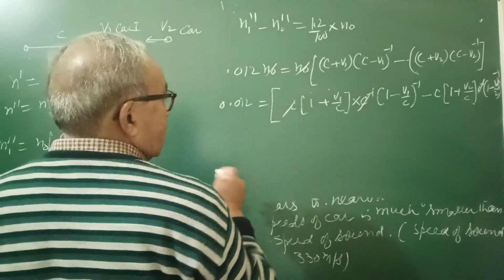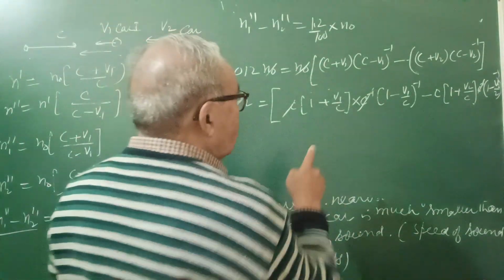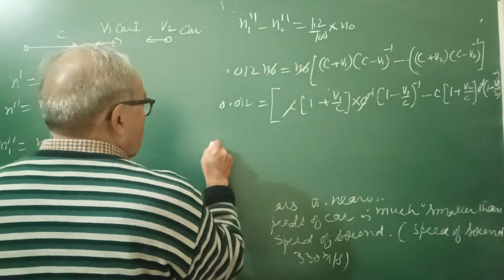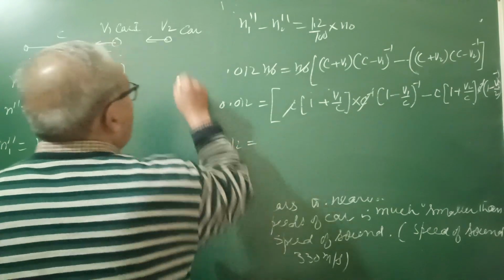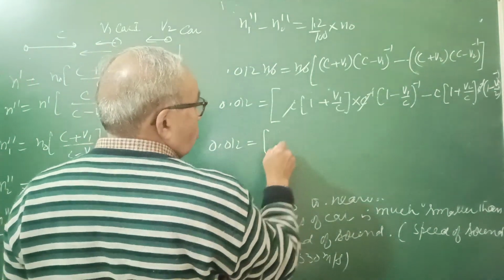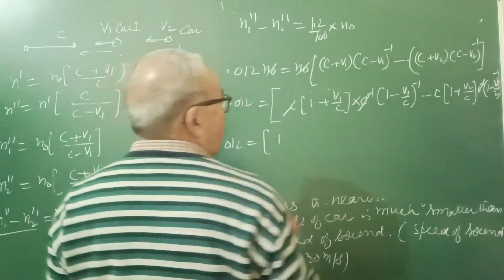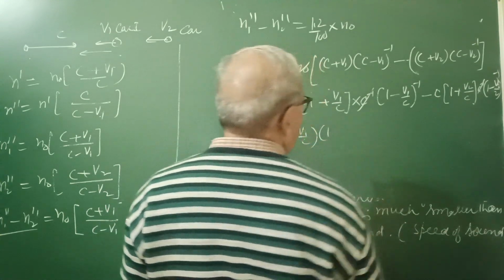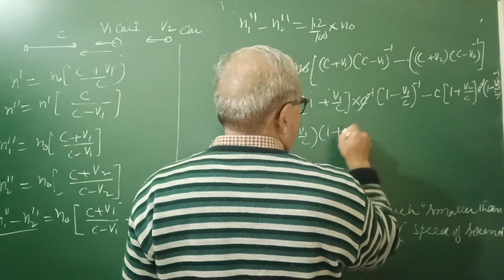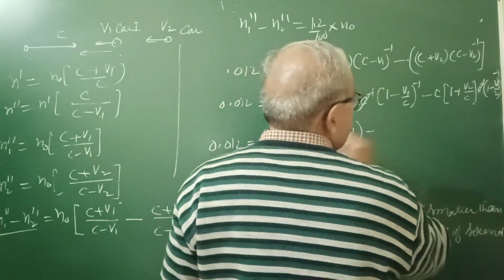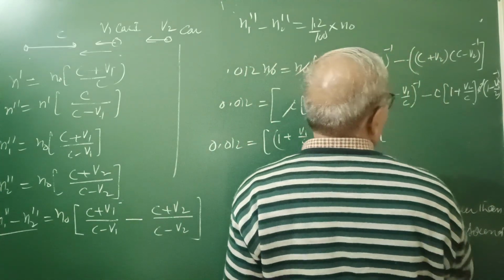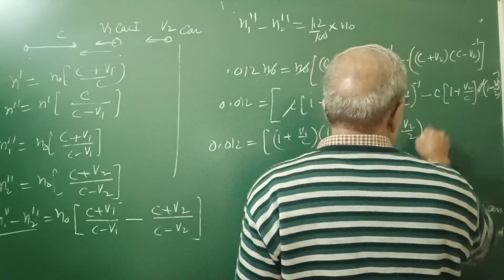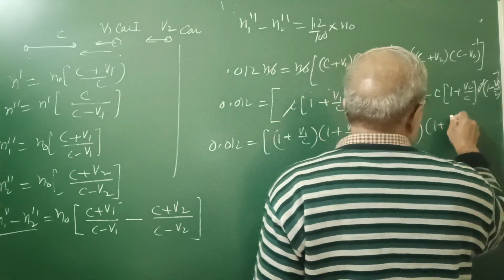So here, using binomial expansion, because they said that V1 is very much less than C, and V2 similarly. So 0.012 is equal to (1 plus V1 upon C) into (1 plus V1 upon C), minus (1 plus V2 upon C) into (1 plus V2 upon C).